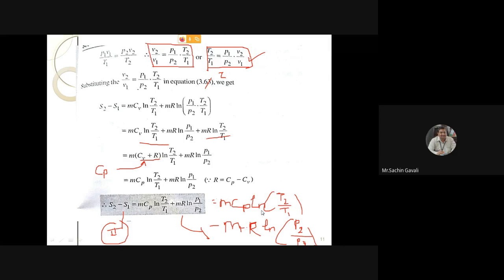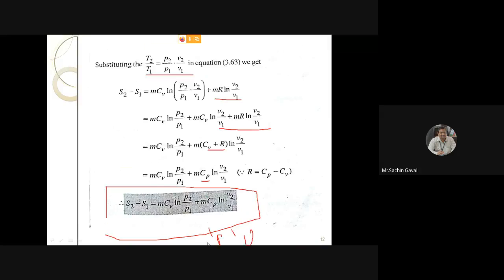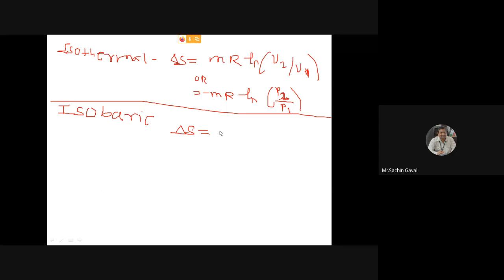So one formula for the isobaric condition is mCp ln of T2 upon T1.